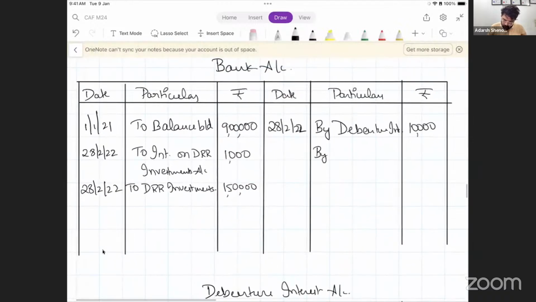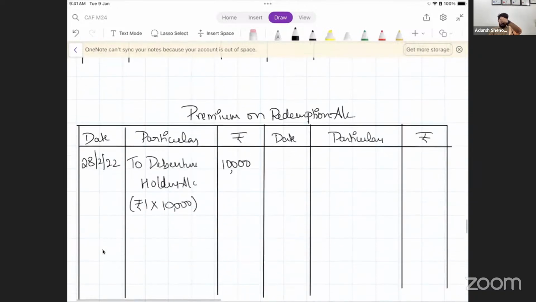So we will credit over here by debenture holders. Next, we have to write off the premium, right? Premium is transferred to the P&L, by profit and loss account 10,000.